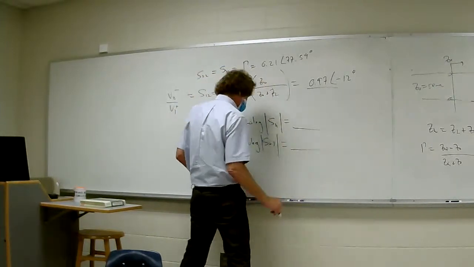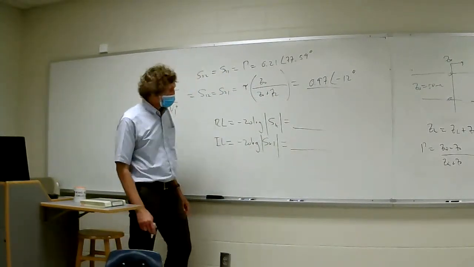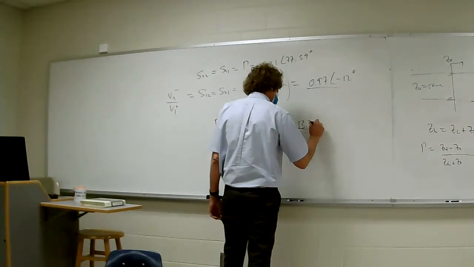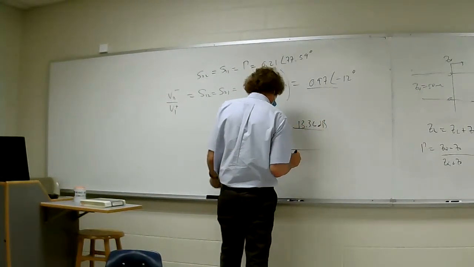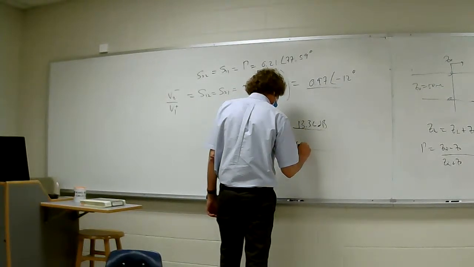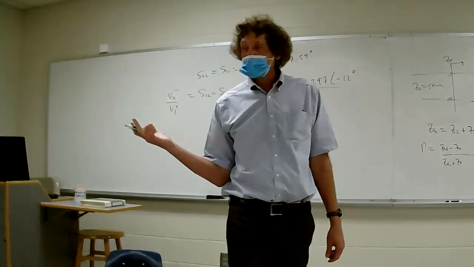Or it can be S12, they're the same. Now, what do you get for the return loss? 13.36 dB. 13.36 dB? Yes. And what's the insertion loss? 0.211 dB. And that's how it goes.